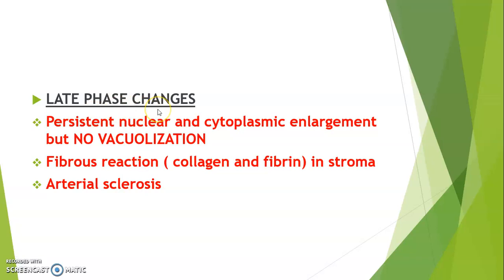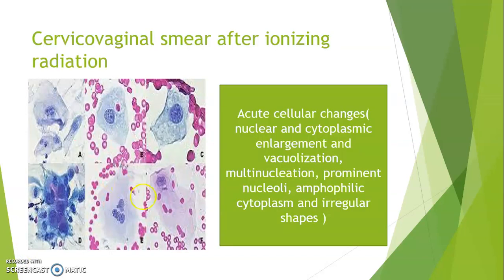The late phase changes are persistent nuclear and cytoplasmic enlargement but without vacuolization. So no vacuolization. There is seen fibrous reaction in the form of deposition of collagen and fibrin in the stroma. Arterial sclerosis is seen.